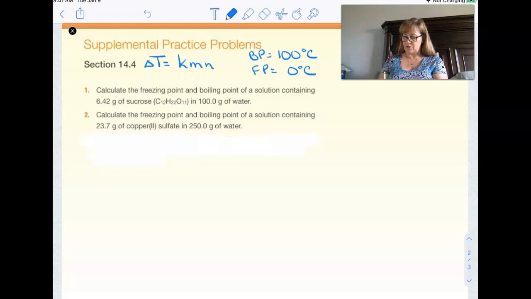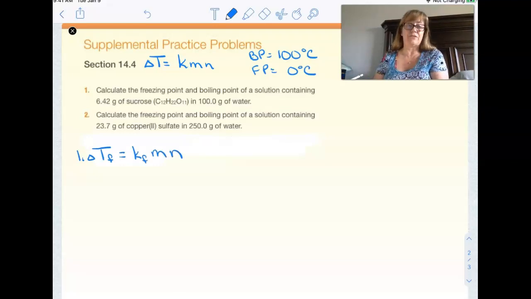So this is number 1 we're going to work. Delta TF, for freezing point change, equals KF MN. Well, we need to find out a few of these things. So I'm going to do a Google search for the freezing constant of water. You'll always be given these. It is a negative 1.86.